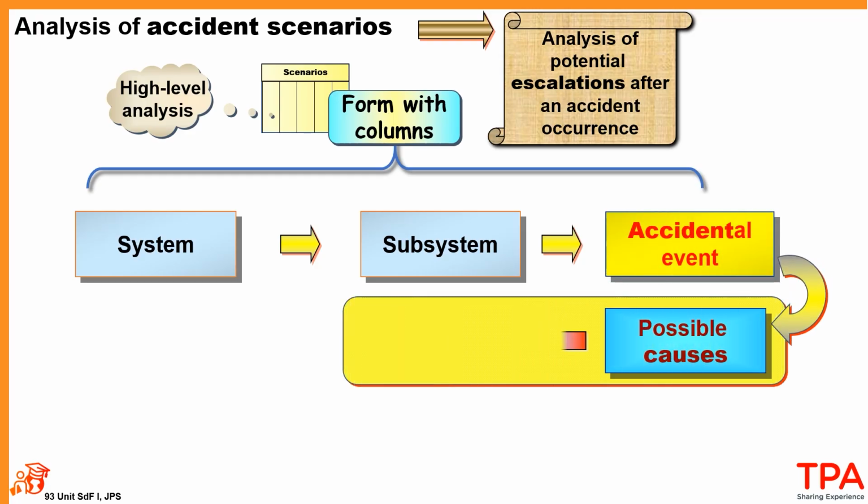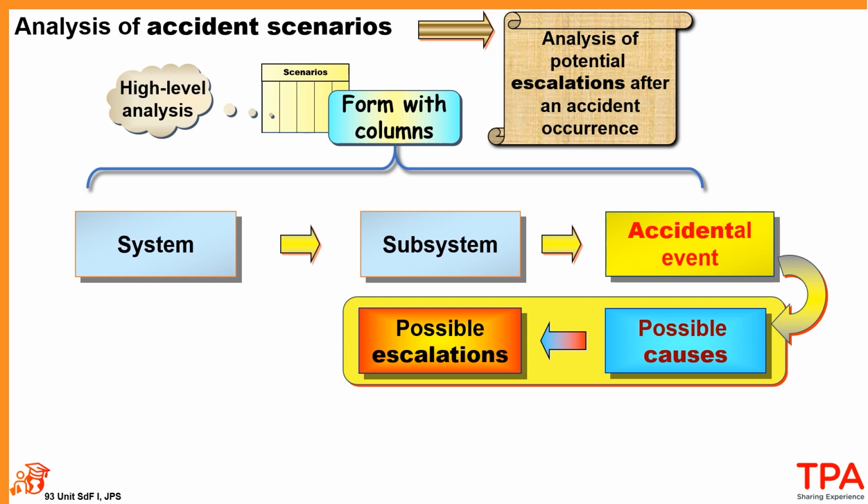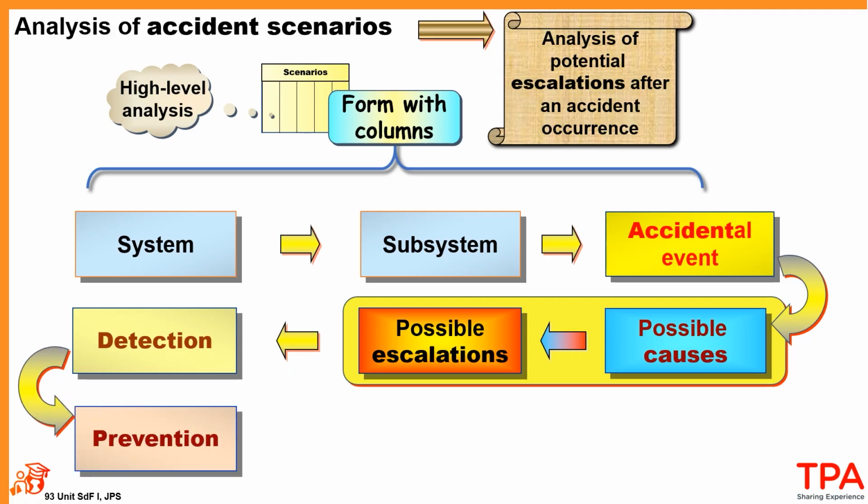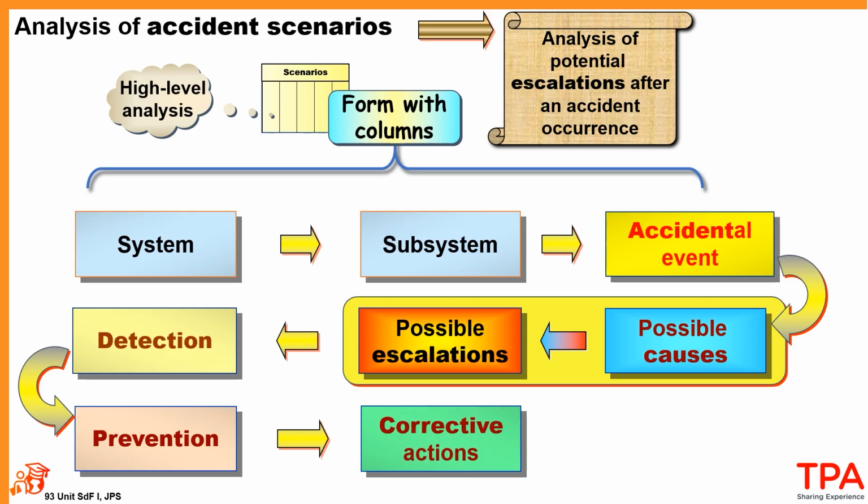From this point, the possible causes and the possible escalations can be identified. Verifying the available relevant detection means is very important at this stage. Then the prevention means can be examined, as well as the corrective actions to prevent or mitigate the above escalations. Finally, the last column is devoted to adding comments when needed.